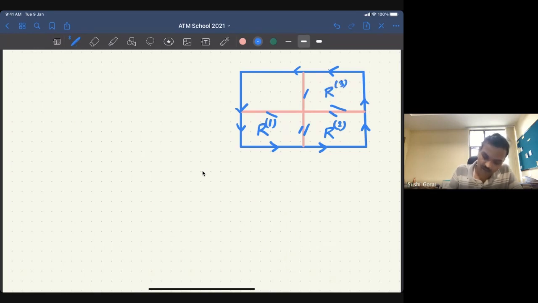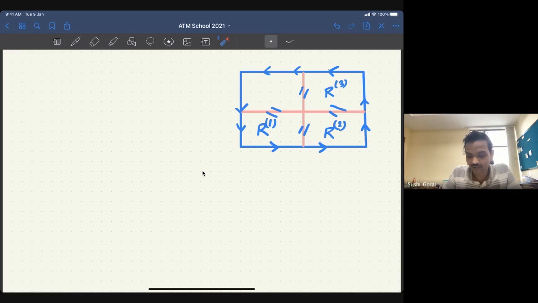And similarly here, you go this way, then this way, and this way, and then this way. You see, this line, this line, this line, and this line are traversed twice, right? And in opposite directions.